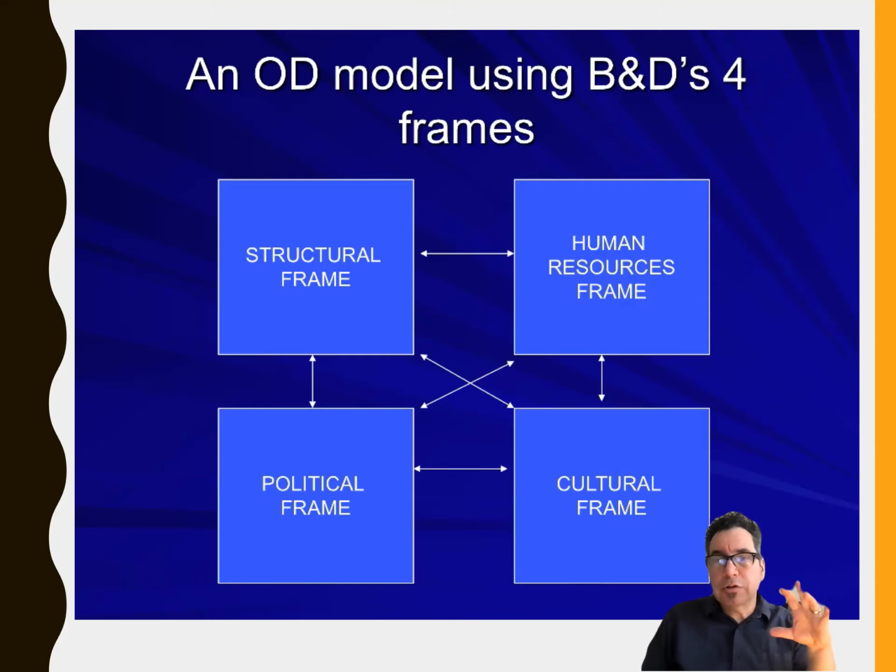Then the human resources frame has to do with people, motivation, training, evaluation, reward systems, and those sorts of things. The political frame has to do with power structures, embedded power structures, and coalitions and vying for scarce resources and all that. And then the cultural frame has to do with things like values, history, rituals, myths, the way that we do things around here, right?